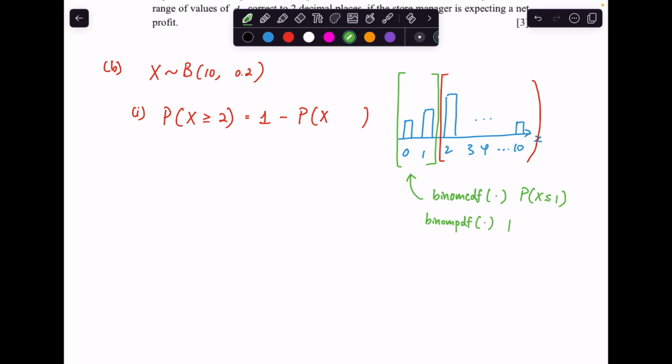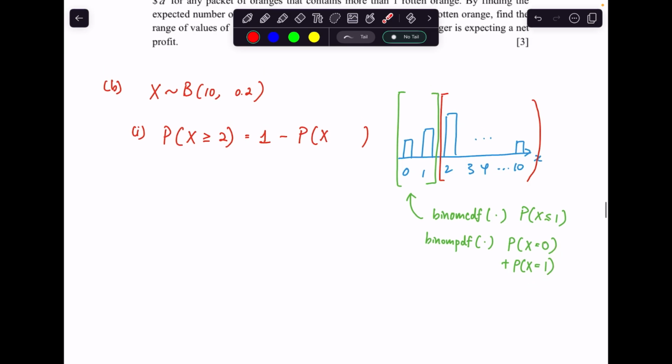So you can ask your calculator what is the probability when X equals 0, and when X equals 1. There are only 2 values, so you can exhaust both of them, not too difficult. So the idea is I want the red color part. I know the whole probability is 1. If I subtract the green color part, which I can find, I will get the red color part I'm interested in.